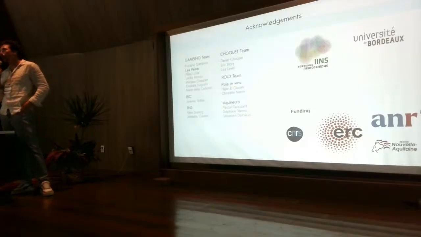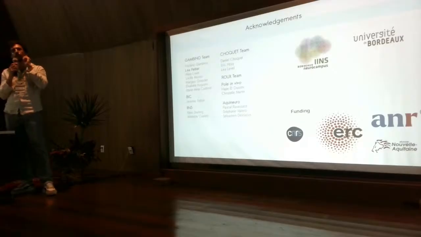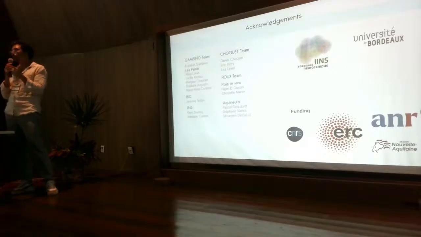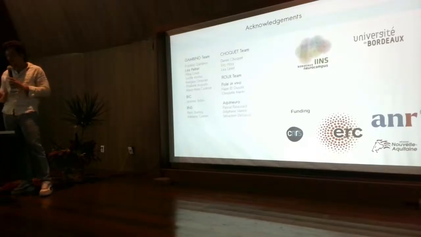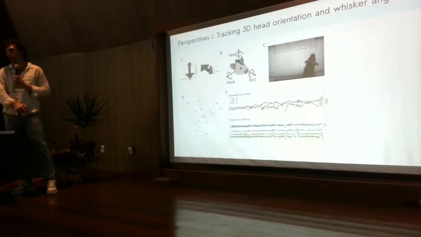Yes, we can track, actually, we cannot track whisker deflection. We cannot see if there is whisker touch, but what we can do with this tracking, the way it is done, is track the oscillations, just the oscillation.